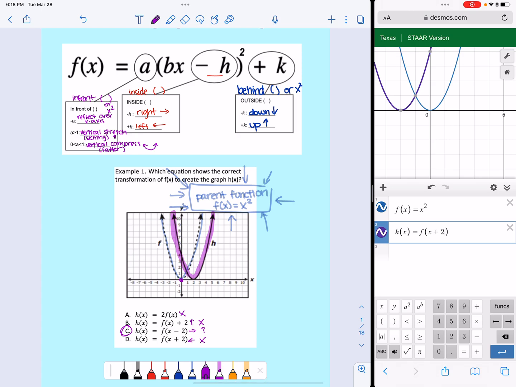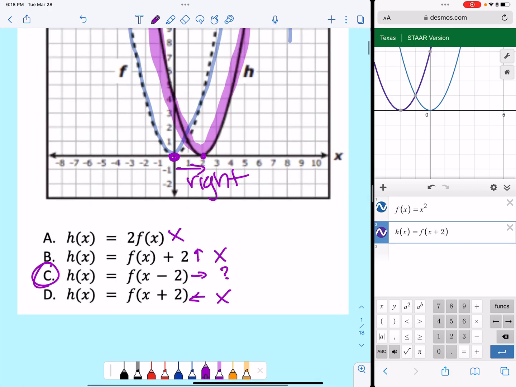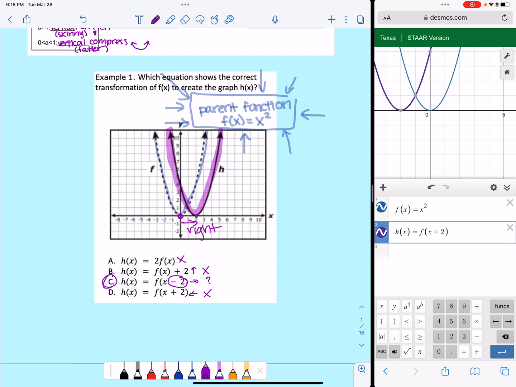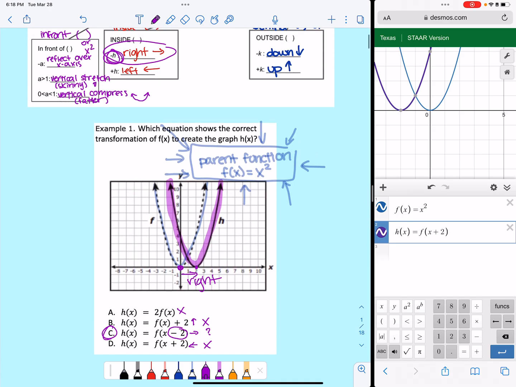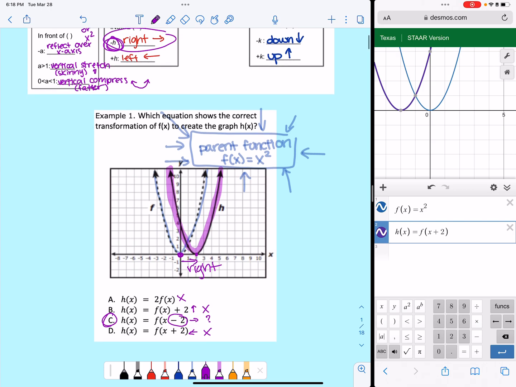You would have to go from this point to this point. So that would go to the right. So you'd look over here and find the word right, which is right here. And that means negative h. Negative h is inside, and this is the only one that is negative. Those are the two ways you could have done this. But either way it works.